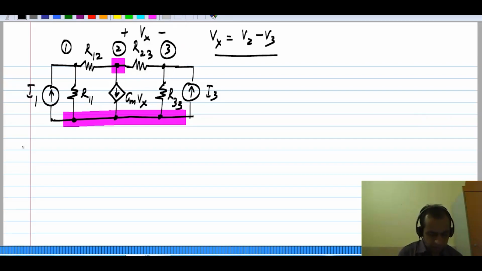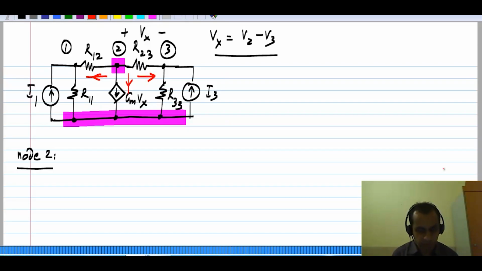So if I write the equation for node 2, what will I get? The total current flowing out of this node, which is the sum of this current and that current, will be equal to 0.